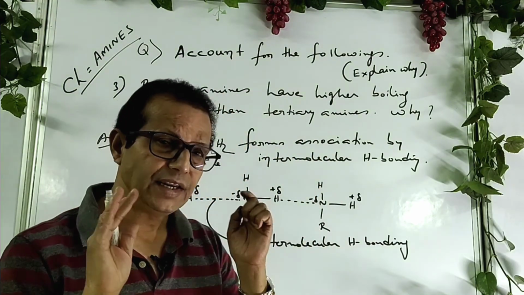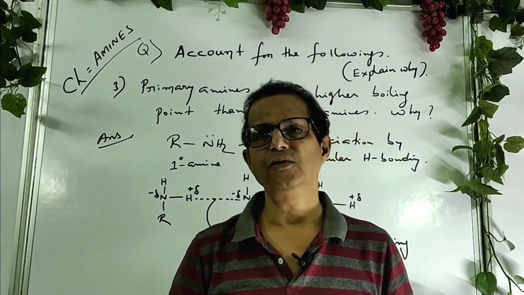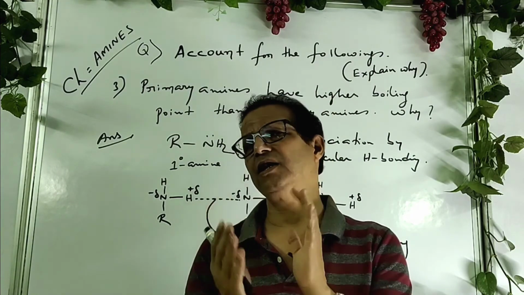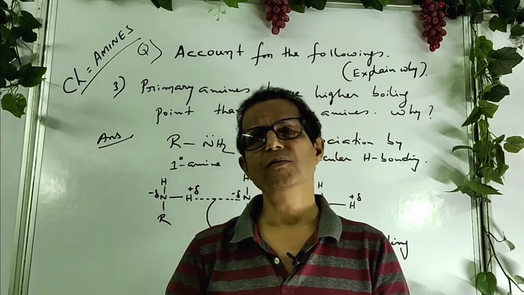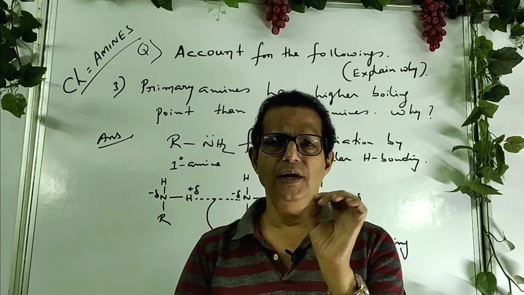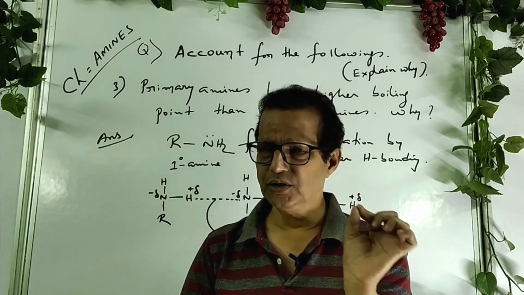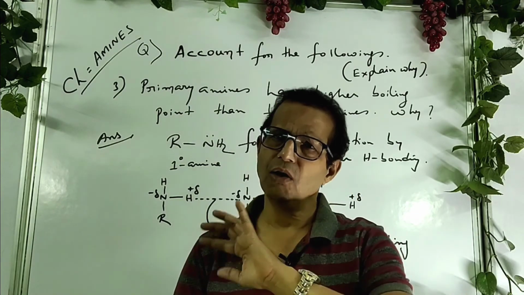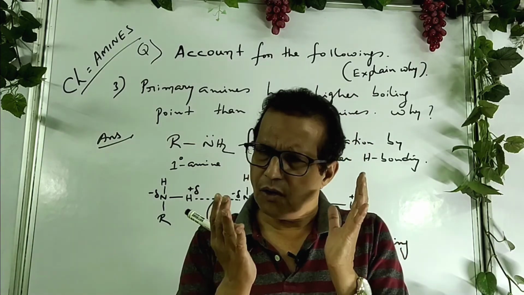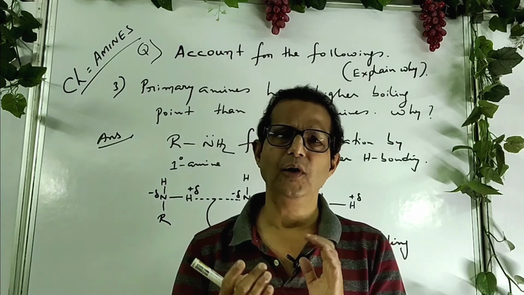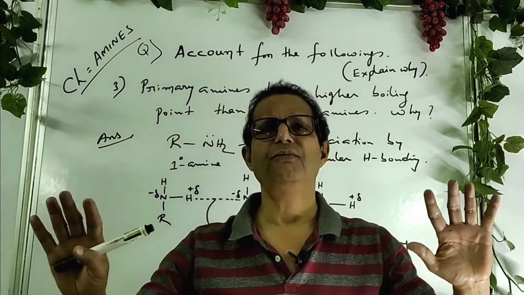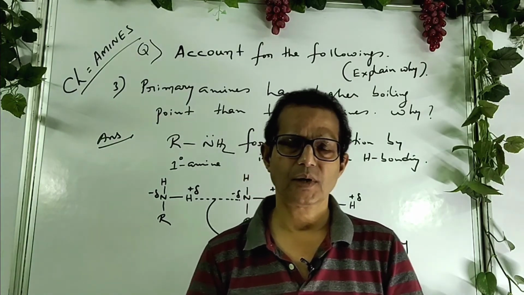So if any type of question relating to boiling point is there, at first think over whether the compound forms hydrogen bonding or not. How to know? Alcohols, carboxylic acids, amines, all form hydrogen bonding. They obviously have higher boiling point than any other compound which does not form any hydrogen bonding.